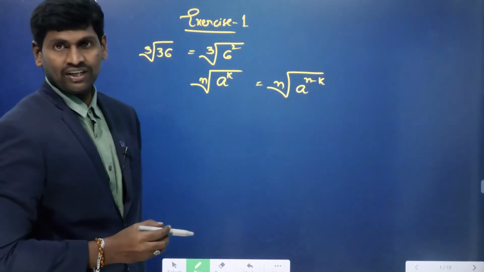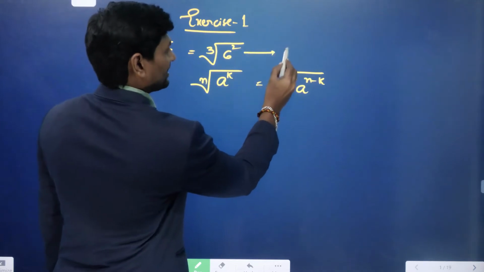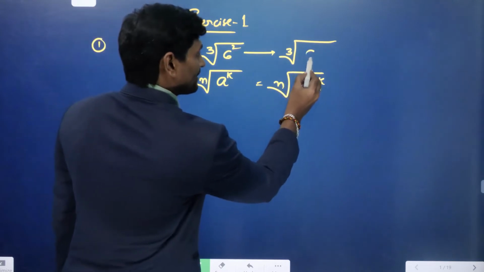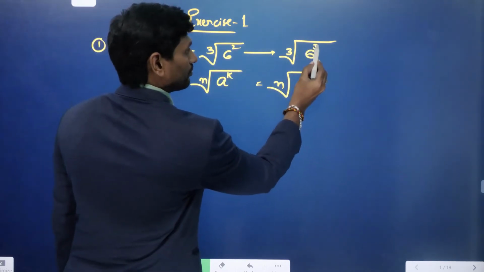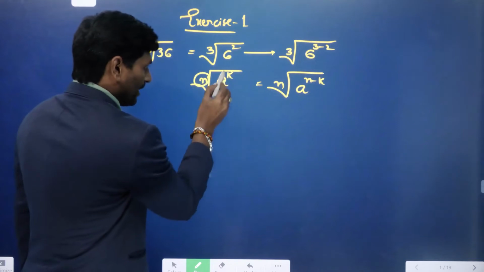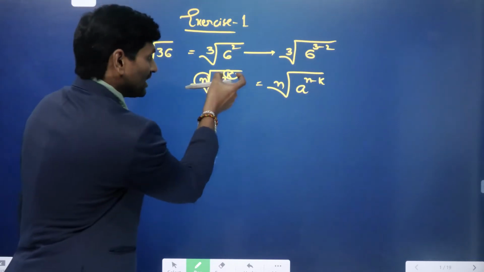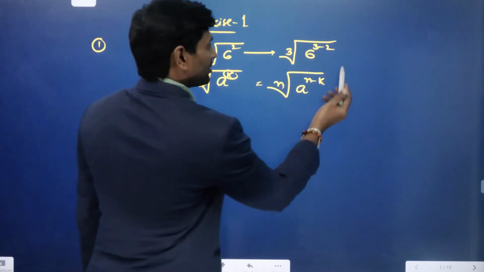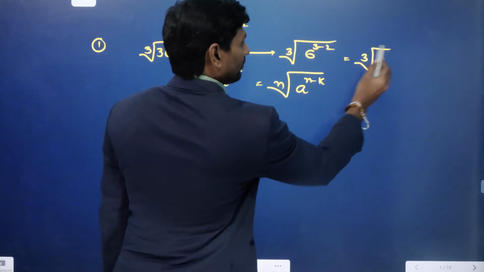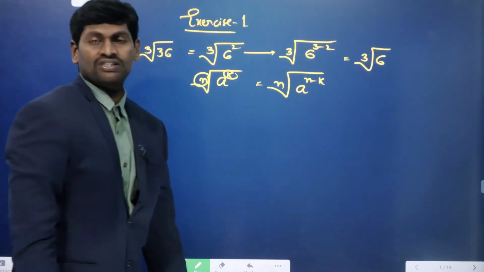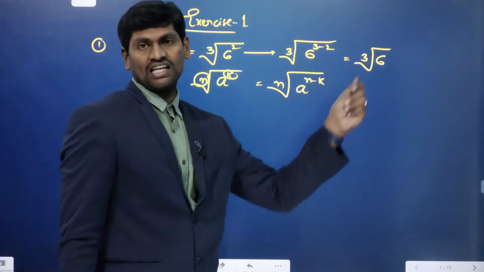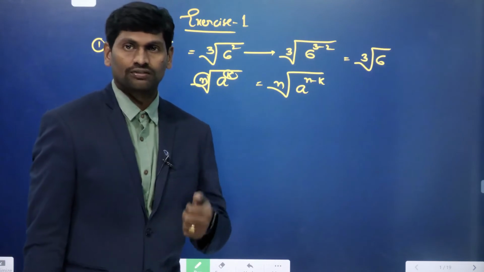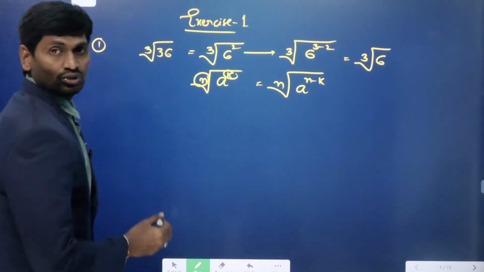Here n minus k means the order minus its exponent. Here the order is 3 and the exponent is 2, so 3 minus 2 is 1. So the rationalizing factor is cube root of 6 power 3 minus 2, which means 6 power 1. So cube root of 6 is the rationalizing factor of cube root of 36. Right. So let us go to question number 2.